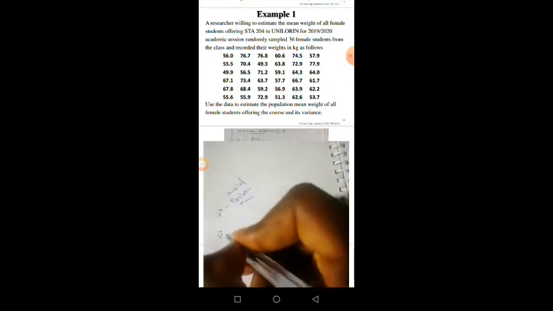x bar equals, in case you have done standard deviation very well, you understand this. x bar equals summation x over n. And what is our n? Our n is 36, the number of samples, randomly sampled.